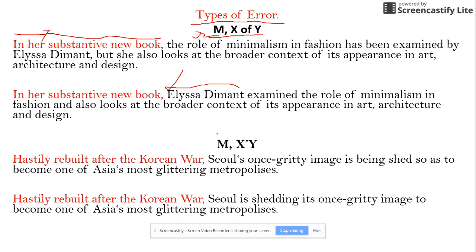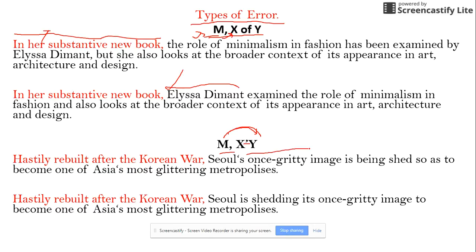Second, modifier x apostrophe y. In such a case, it modifies y. Remember, modifier x of y, here it modifies x, so we have to check whether it is correct or not. In the case of x apostrophe y, the modifier modifies y. Again, we have to check whether it's correct or not. So here, look, hastily rebuilt after the Korean War, Seoul's once gritty image.